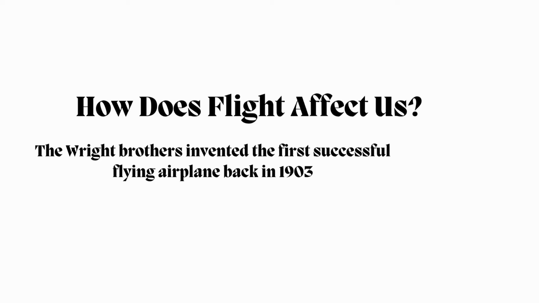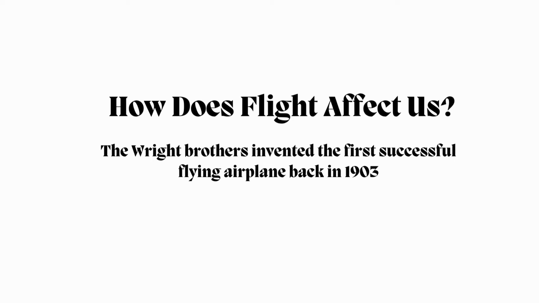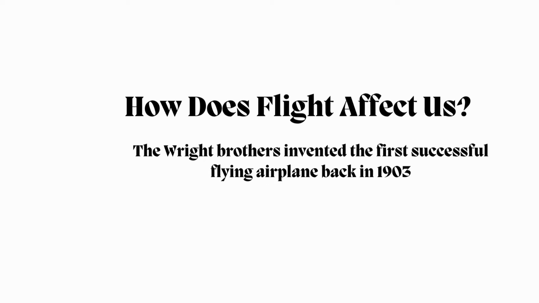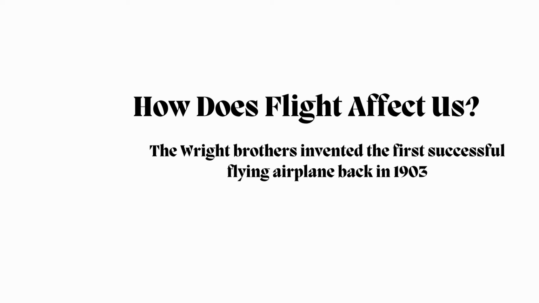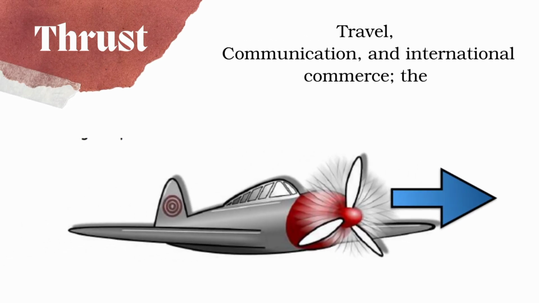How has flight affected our society today? Okay, flight has made the world a global place or a small global market. Okay, how? Through three important things. Okay, they have helped in travel, communication, and international what? Commerce or trade. But the most important of it is what?